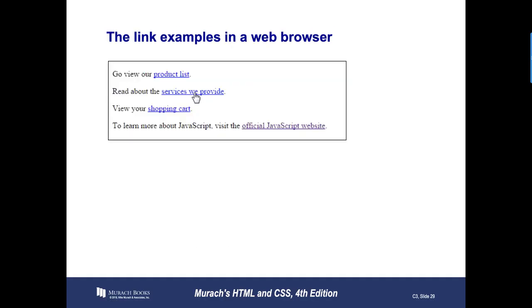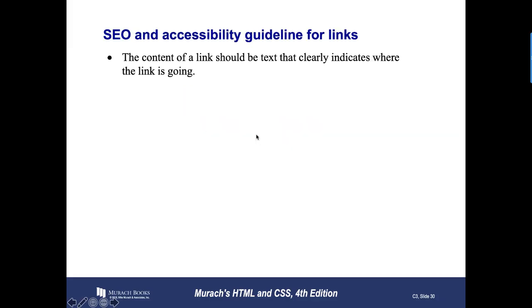All right, so there's that page with the links. And when you see this different color link here, that means you've already visited that link. The content of a link should be text that clearly indicates where the link is going. Just don't say, click this link here. You probably want to state, click this link to visit the Clark College website.